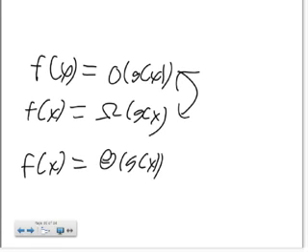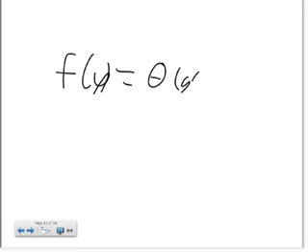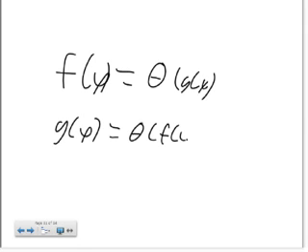What this means is that the function f of x is of the order of g of x, or you can also say that f of x and g of x are of the same order. This relationship goes both ways, so that if f of x is theta of g of x, then g of x will also be theta of f of x. And this is based on the relationship before between omega and big O.